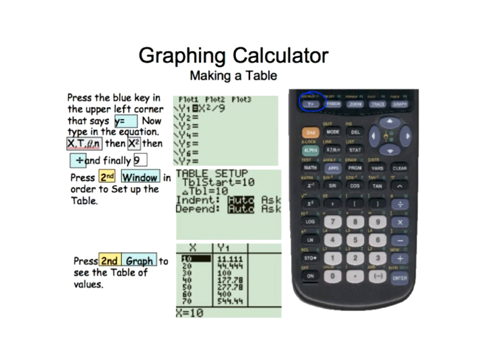You have to hit the Y equals button. That brings you to the screen right here. And if you keep going down, you'll have Y8, Y9, and Y0. You can put up to 10 functions into the calculator at one time, and you can look at them all at once if you want to.